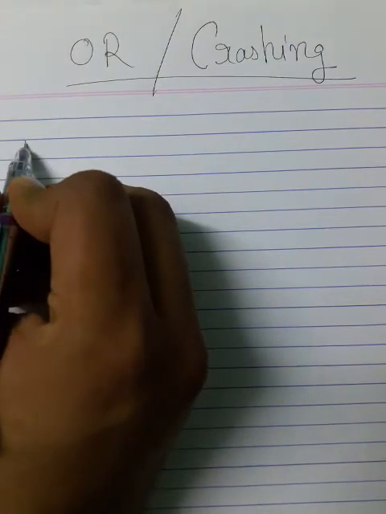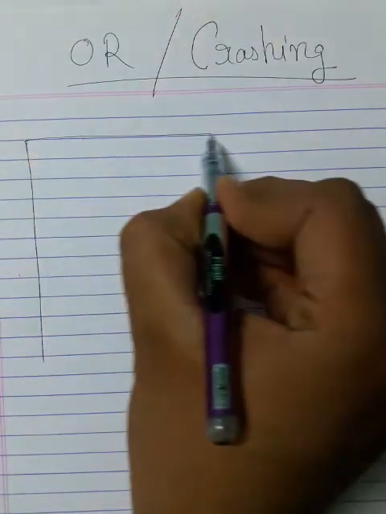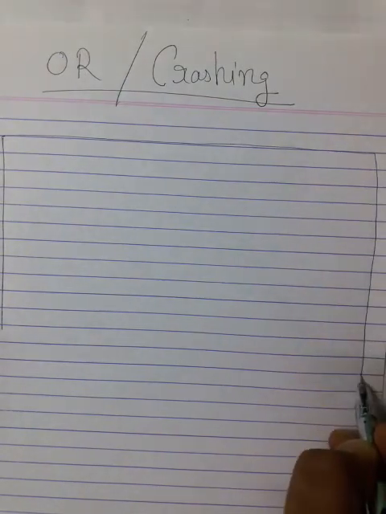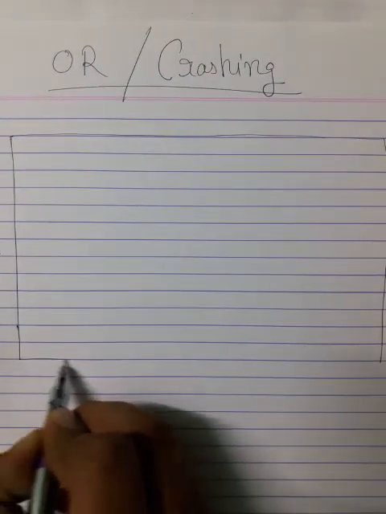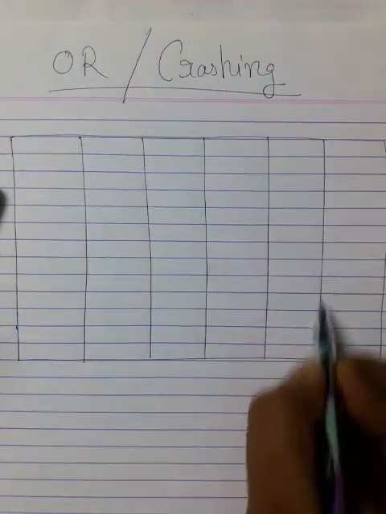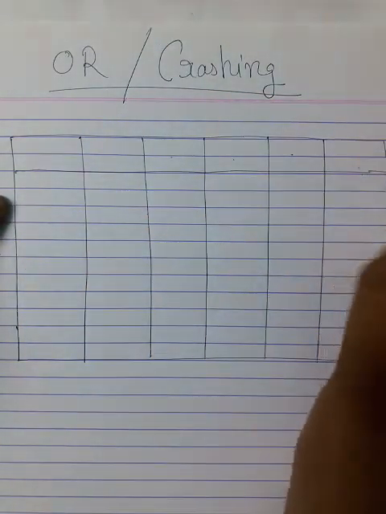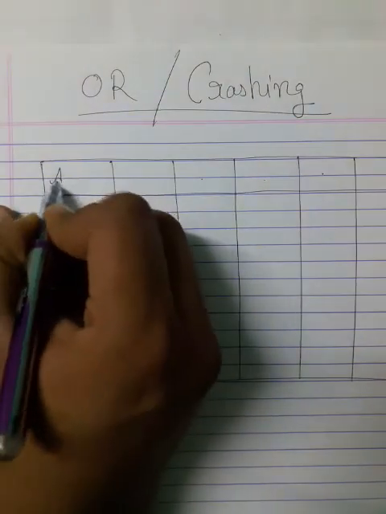First make a table with 6 columns. In the first column you write activity.